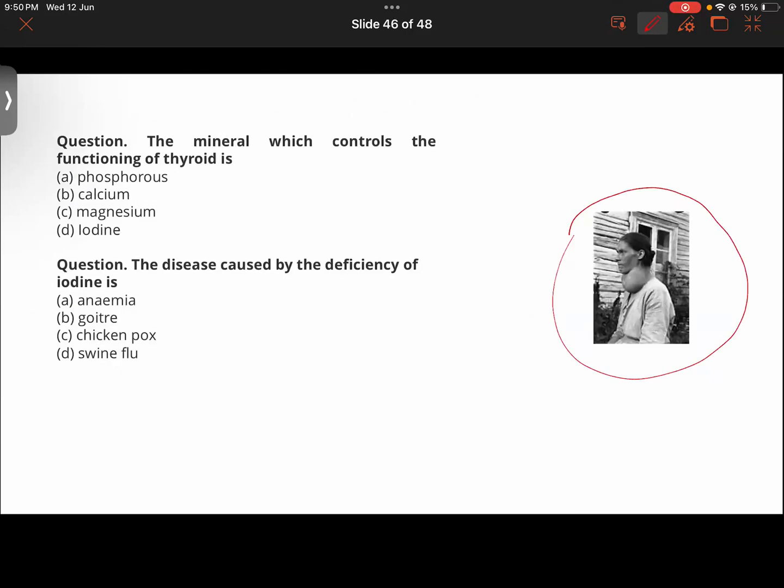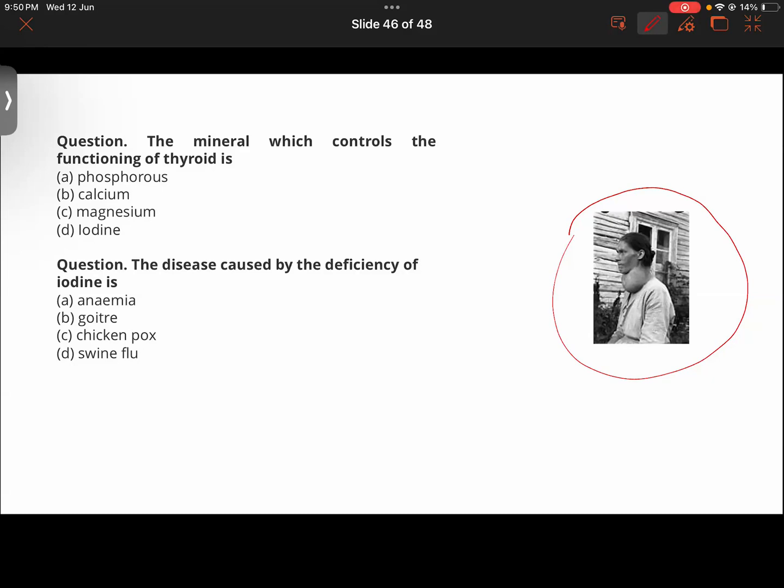The mineral which controls the function of thyroid is phosphorus. How can it be phosphorus? Yes, we have learned about it previously. Then what is the answer to this question? That is iodine.